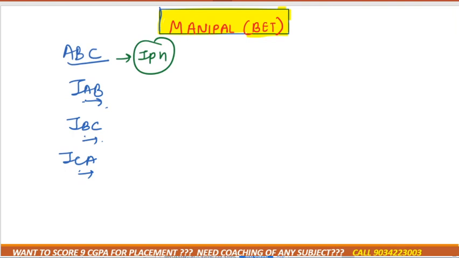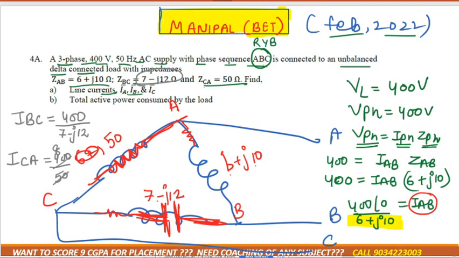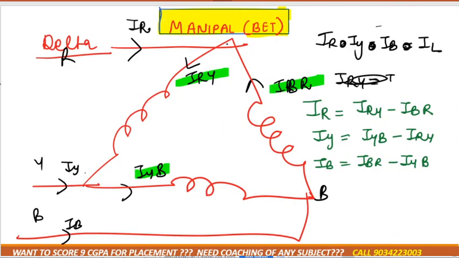Now what they want us to calculate is the line current, right? Line current is IA, IB, IC. Now back to the formulas which they have given. IR, IY, IB is the line current. Similarly, IA, IB, IC is the line current, right? So they gave it in terms of RYB.